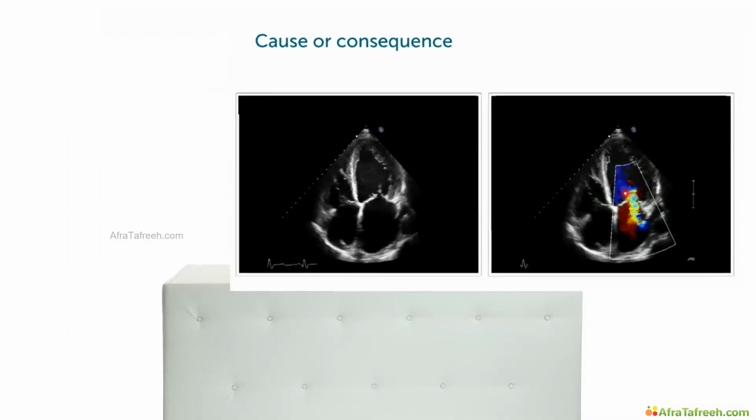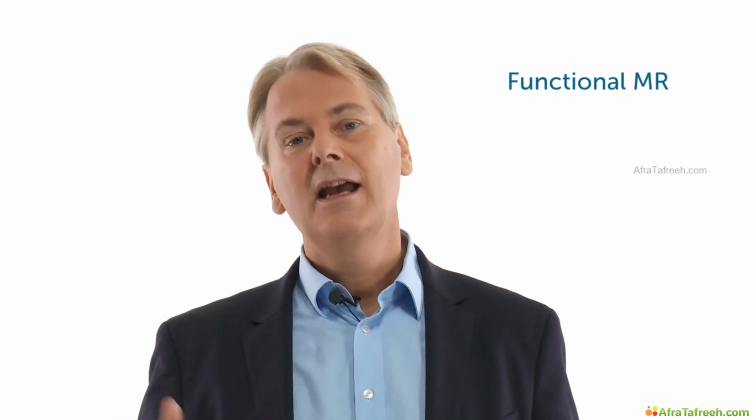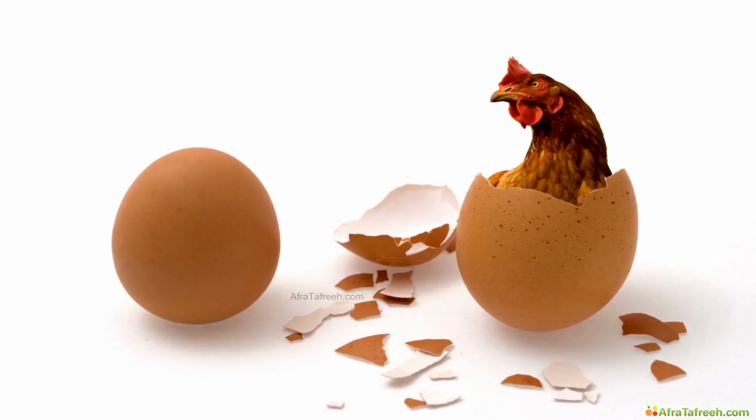Now, in this situation, we could have two possibilities. The first possibility is that the patient has dilated cardiomyopathy and the ventricle dilated, and therefore we have now functional mitral regurgitation. And the other possibility is that the patient has mitral regurgitation, which led to left ventricle dilatation and eventually left heart failure. So it's the chicken and the egg problem.